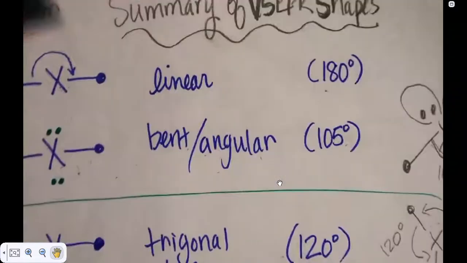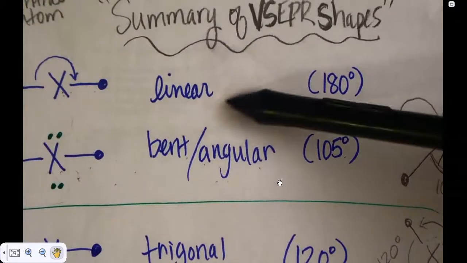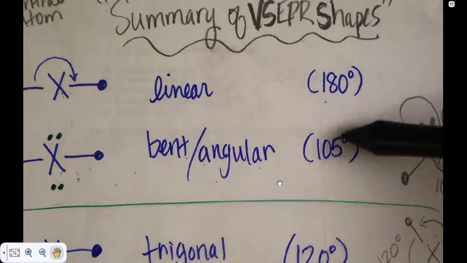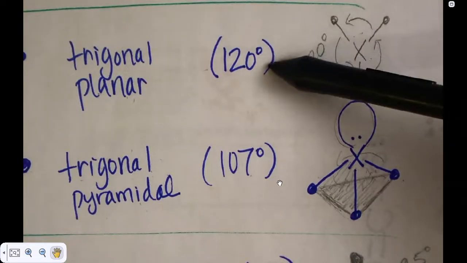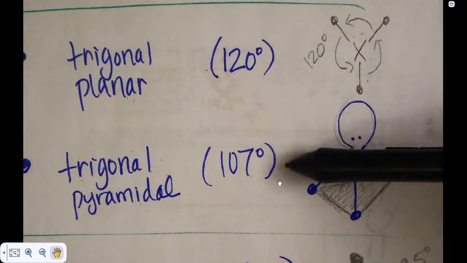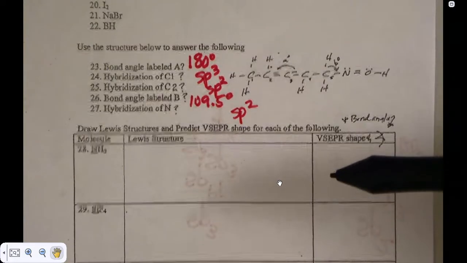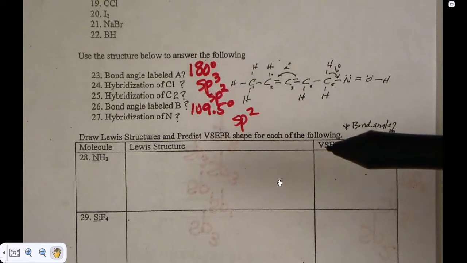So that means you want to think in terms of if it's linear, it's 180. If it's bent, it's 105. If it's trigonal planar, it's 120. If it's a trigonal pyramidal portion of the molecule, it's 107. And if it's a tetrahedral portion of the molecule, it's 109.5. So you have to base your bond angle measures on the VSEPR shape around that atom.